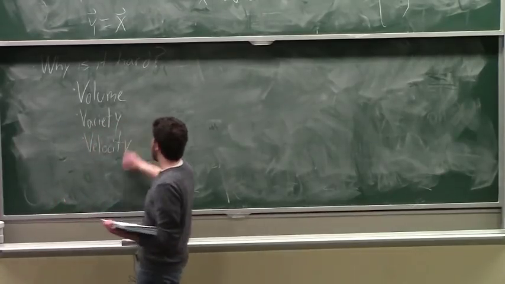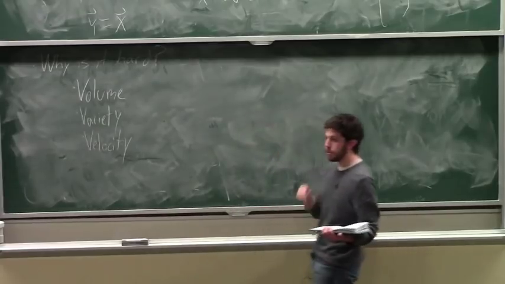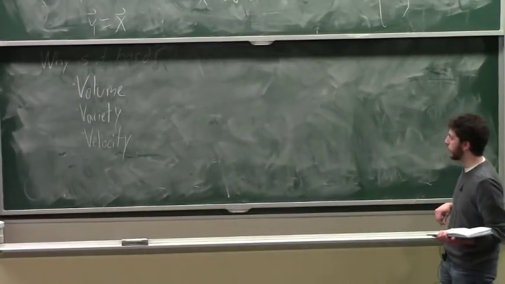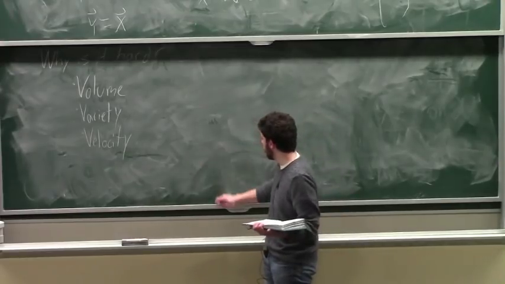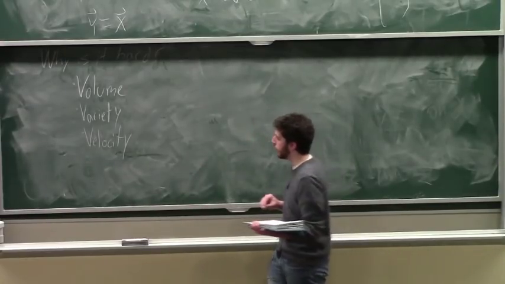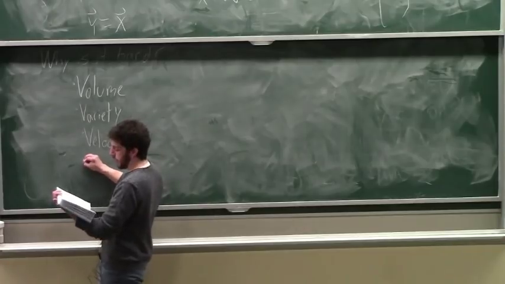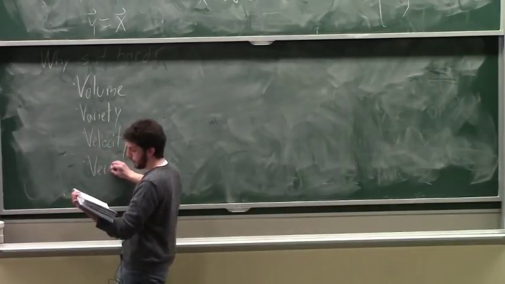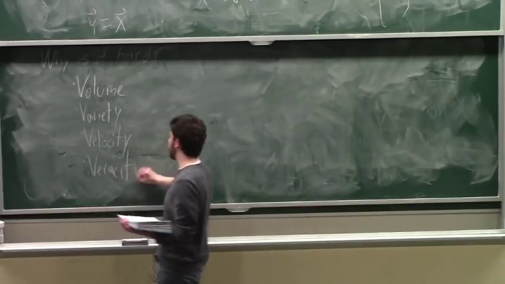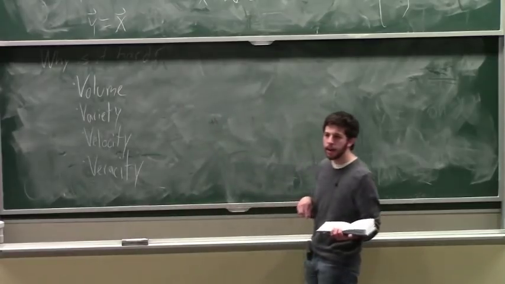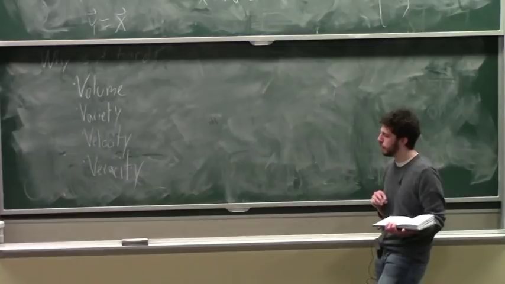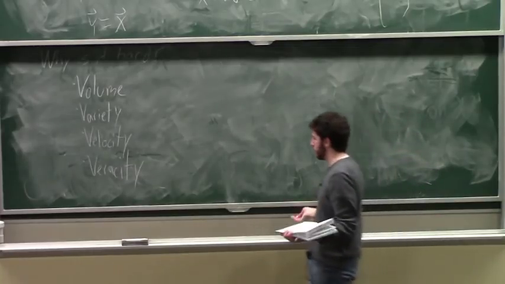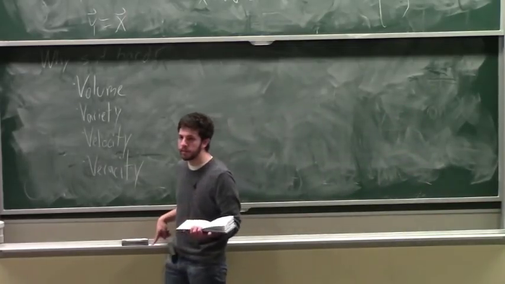Velocity. Most of the data is streamed, so you have to take into account considerations of how fast that data is streamed, what's the sampling rate, how quickly can you acquire the data. Veracity, a lot of the data is very noisy, and so you need to think about how we are going to filter that data, what kind of noise is being introduced into the data by various electrical and mechanical systems.